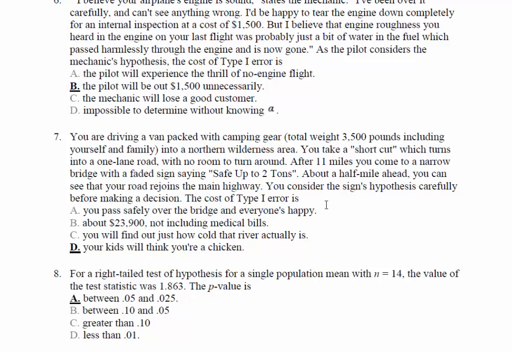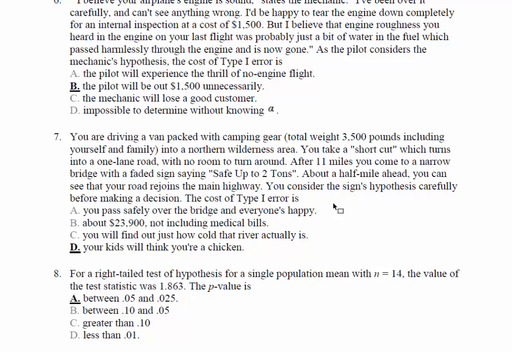That is, you reject null when it's true. So when it's true, meaning the bridge is indeed safe and sound, but you reject null. You believe that it is not the case, that there's something wrong with the bridge. It's not going to be able to stand your weight, your cargo, your gear, everything, your van.